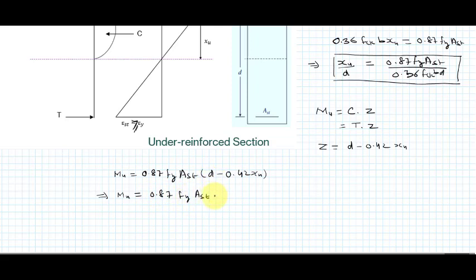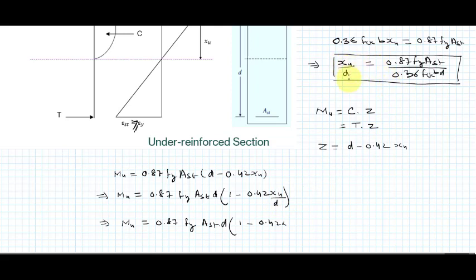Take D outside, it becomes 1 minus 0.42 XU by D. Now MU will be 0.87 Fy AST into D into 1 minus 0.42 into XU by D.